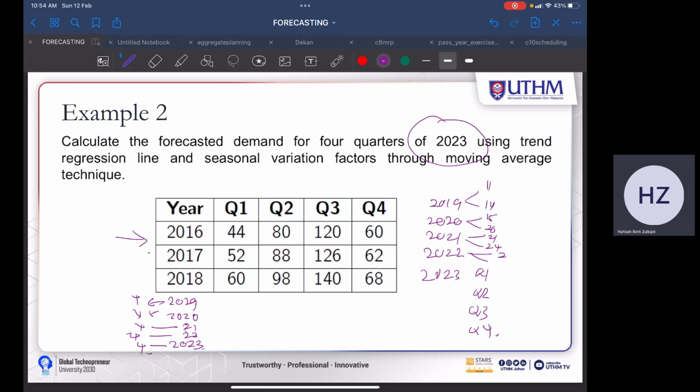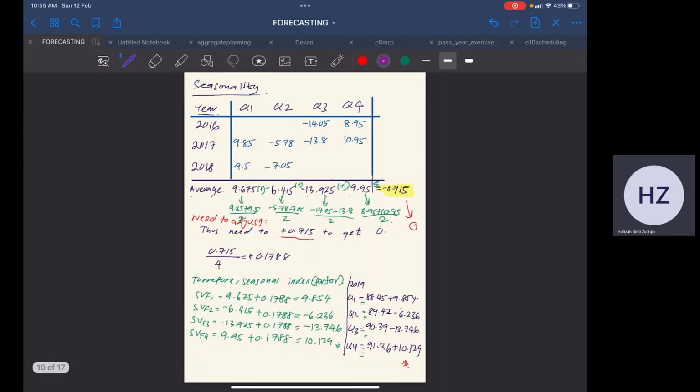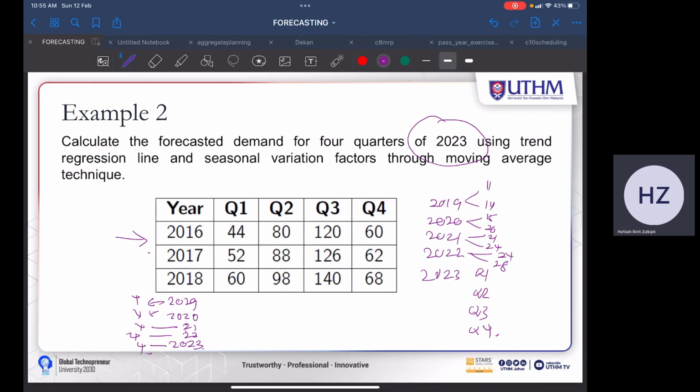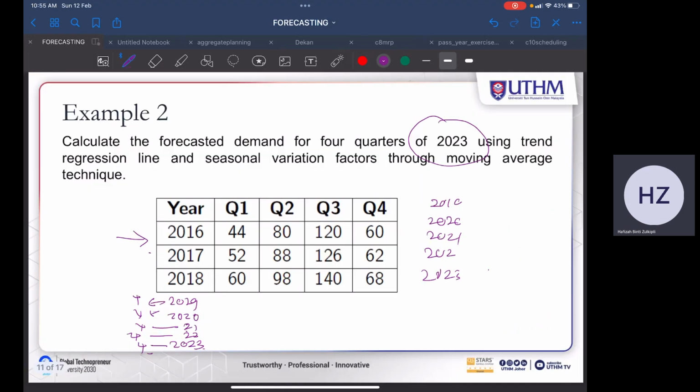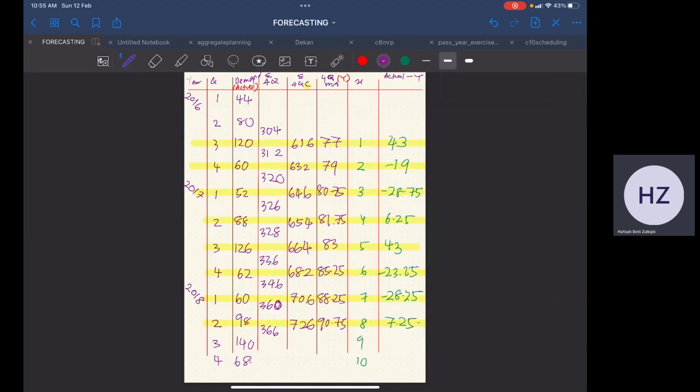So we have, again, this is for quarter 4 of 2018, which is X equal to 10.